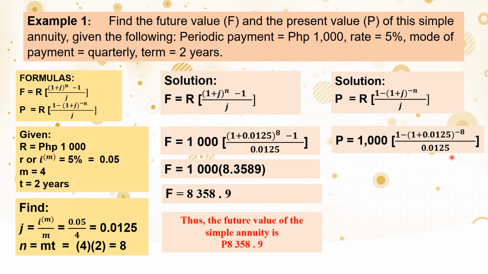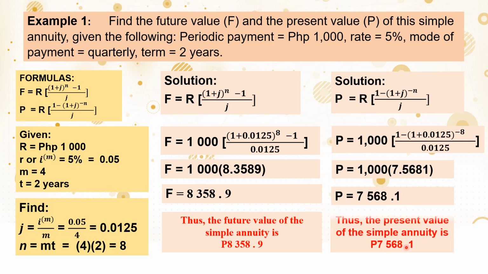Simplifying this using our scientific calculator, we will get 7.5681, and multiplying 7.5681 to 1,000, we will get 7,568.1. Thus, the present value of the simple annuity is 7,568.1 pesos.